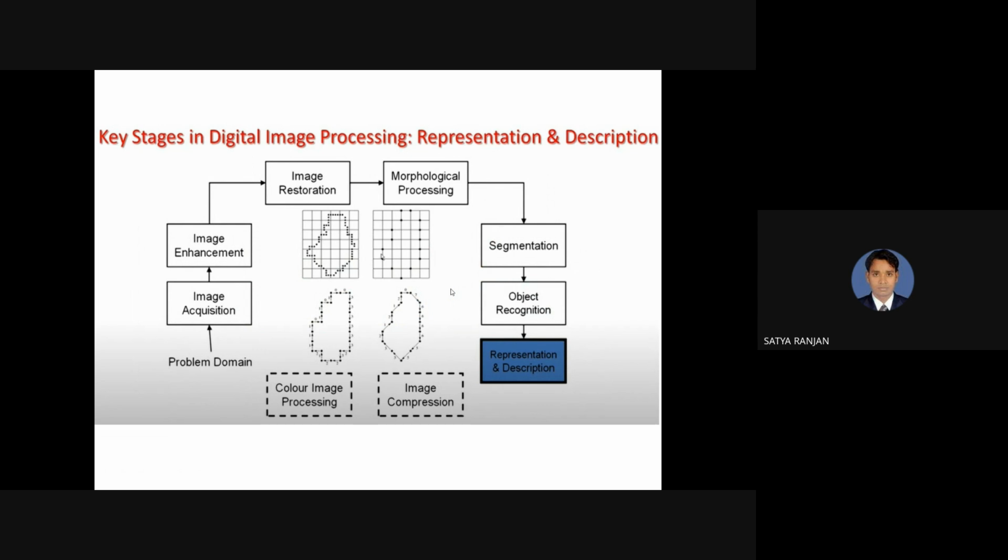Then representation and descriptions. After that, suppose it is raster data, and then we get the information about a polygon. So in the raster data, the polygon features are like that. As this is pixel value based information, we convert it into vector data. So the smoothness gradually increases, and it is clearly visible with some smooth features.